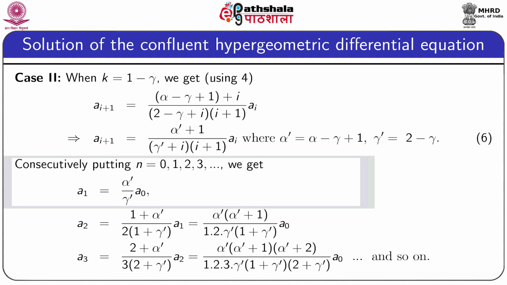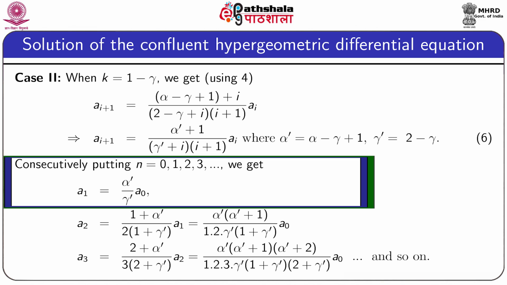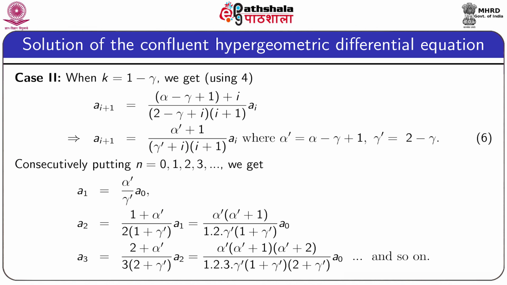We next put n equal to 0, 1, 2, 3 in equation 6, and we obtain a1 equal to alpha dash by gamma dash a0, a2 is equal to alpha dash plus 1 divided by 2 into 1 plus gamma dash into a1, where we substitute the value of a1 from the previous expression, and we get a2 is equal to alpha dash into alpha dash plus 1 divided by 1 dot 2 gamma dash into 1 plus gamma dash a0.